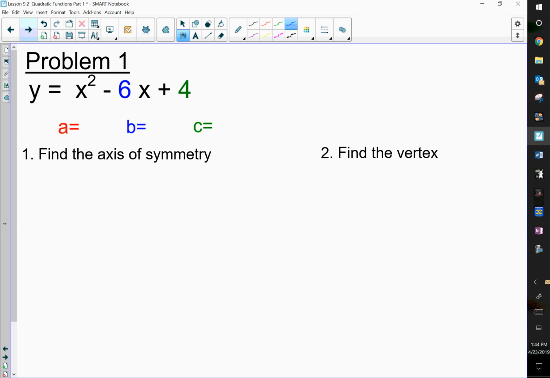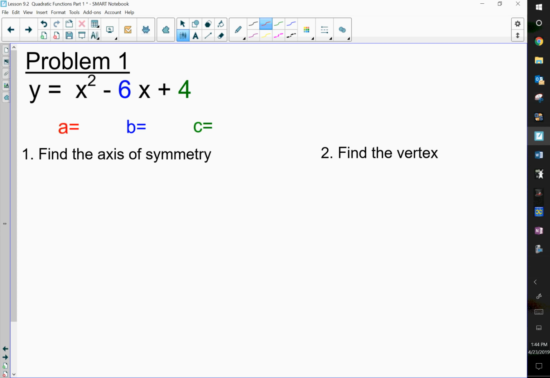So let's do an example. Here's a problem. y = x² − 6x + 4 is a quadratic equation. First thing you're going to do on your paper is write the problem down. And then you're going to want to identify what the a, b, and c are.